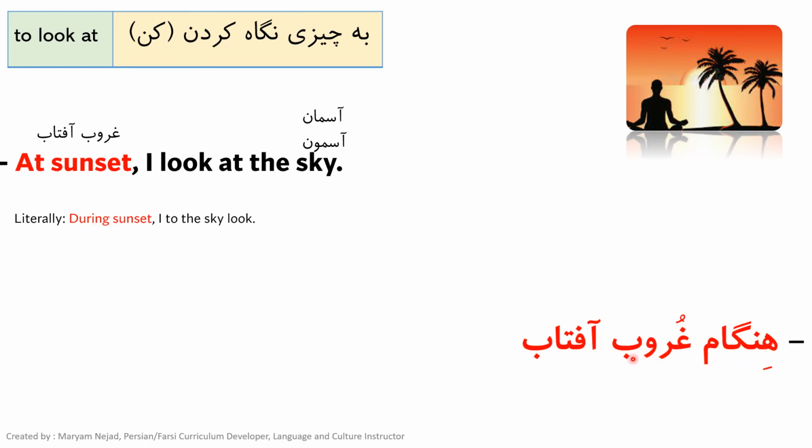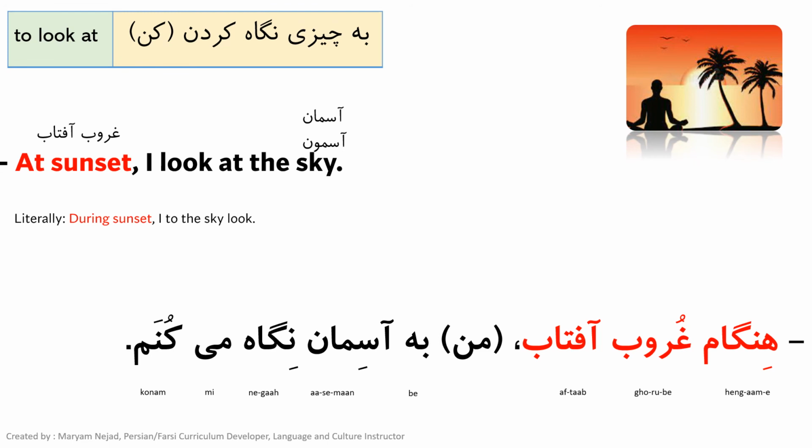هنگام غروب آفتاب به آسمان نگاه می کنم. Okay. So هنگام اضافه غروب, another اضافه آفتاب به آسمان نگاه می کنم. So one اضافه, two اضافه. So it seems like the sentence is pretty clear.